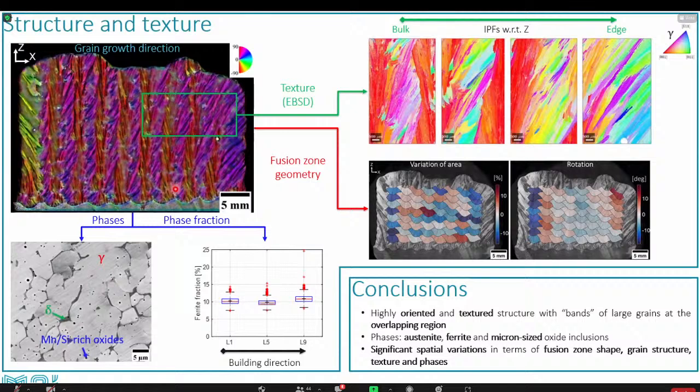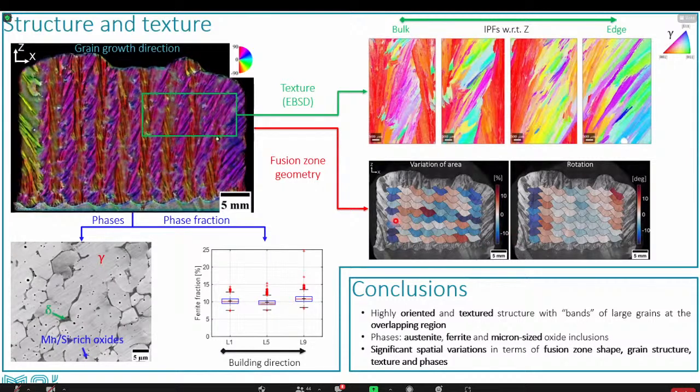We also did some studies in terms of the spatial variability of phases and phase fractions, and we see that there are local variations in the morphology of secondary phases, but the overall content does not significantly change. As a main conclusion of the work, one way that we can tailor the microstructure is by controlling the fusion zone geometry and the deposition strategy.